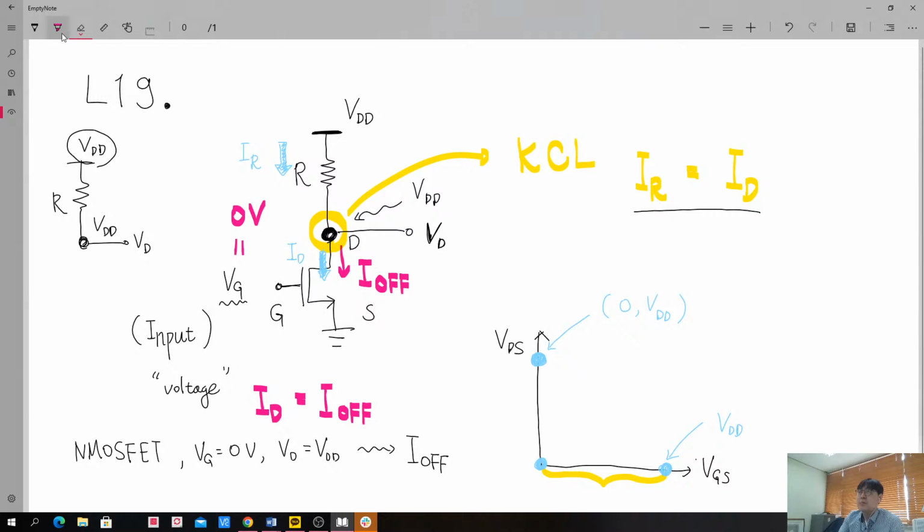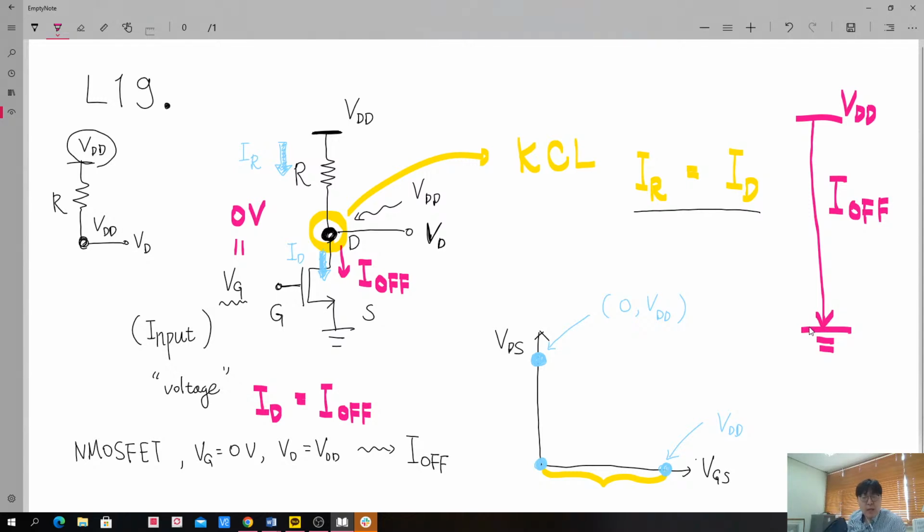Then we have Ioff in our transistor, so overall the system will allow this Ioff, starting from the VDD line and ending at the ground line, with magnitude Ioff.